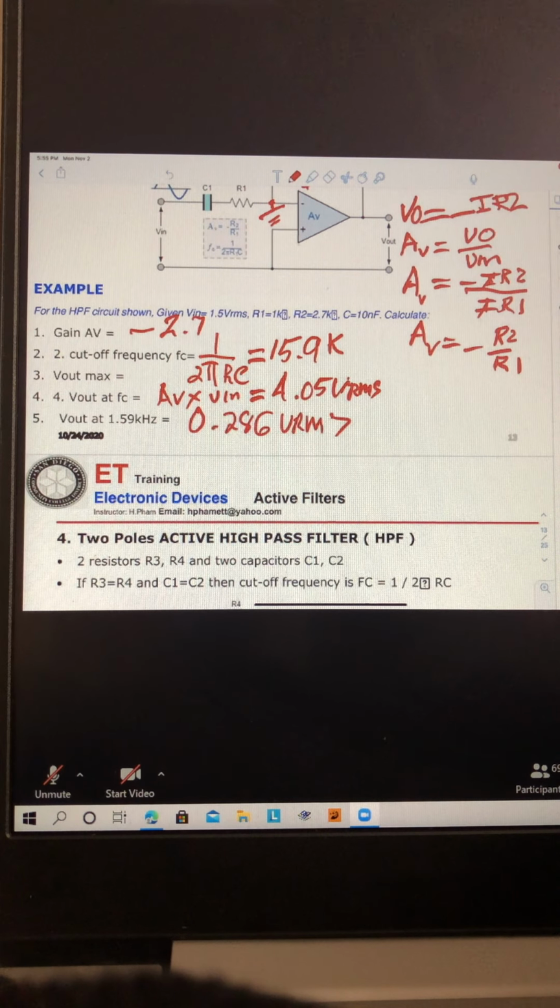So the V out that we have is 4.05 times 0.1. Is that what you mean? Number 4, what do we get? Sorry, 4.05 will be number 3, that's the maximum. 2.86 for number 4. Yes, that's right.